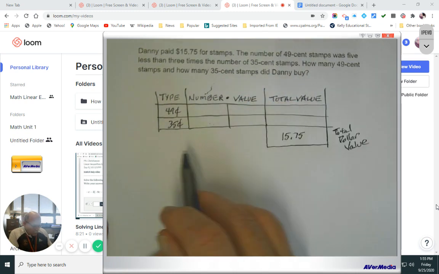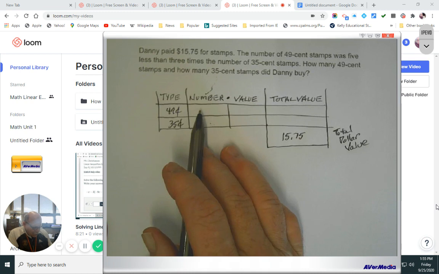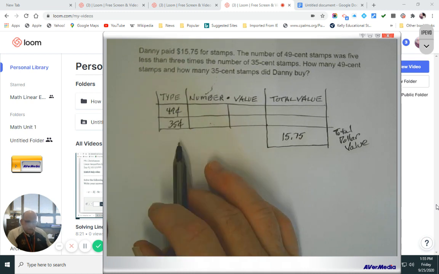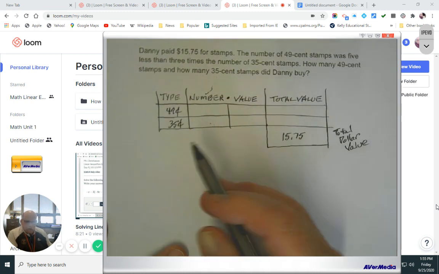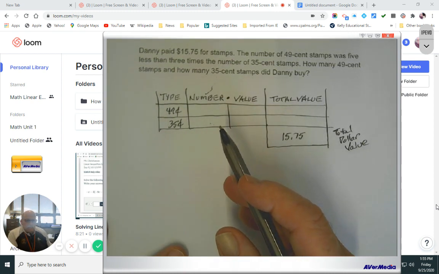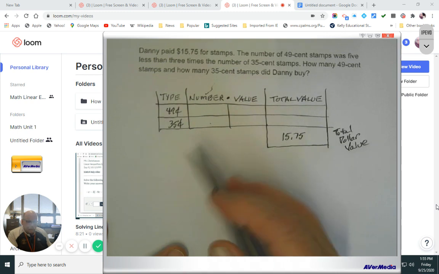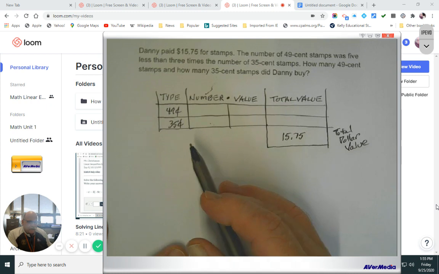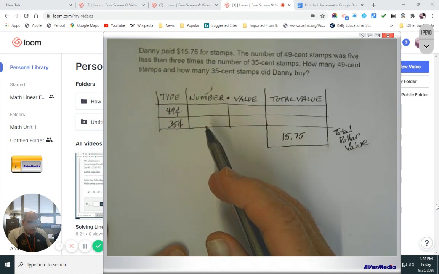We want one of these to be your main variable, and we want the other one to be a value that uses that main variable to express the value we're looking for.